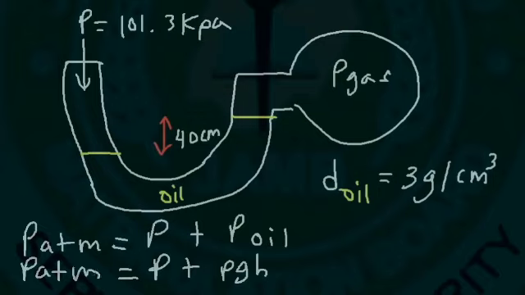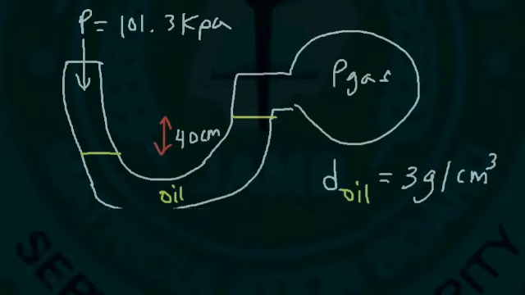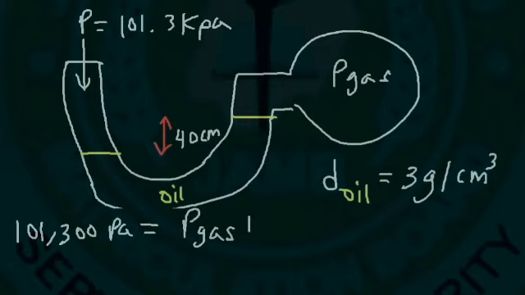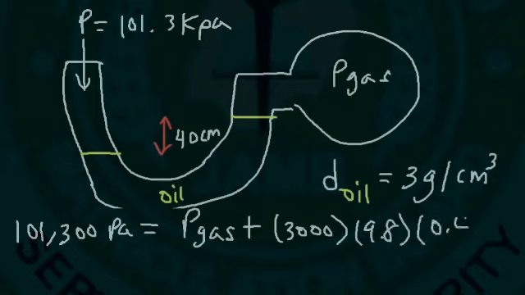So we already have the atmospheric pressure, which we know to be 101,300 pascals. And this is equal to the pressure of the gas plus the gauge pressure of the oil, which is the density of the oil in kilograms per cubic meter, which is 3,000, times g, and times the height of the column, which is 0.4 meters.